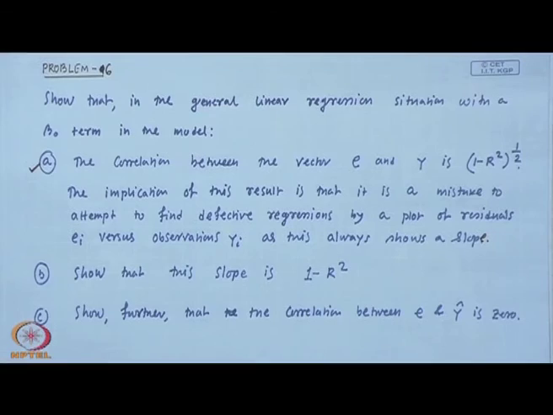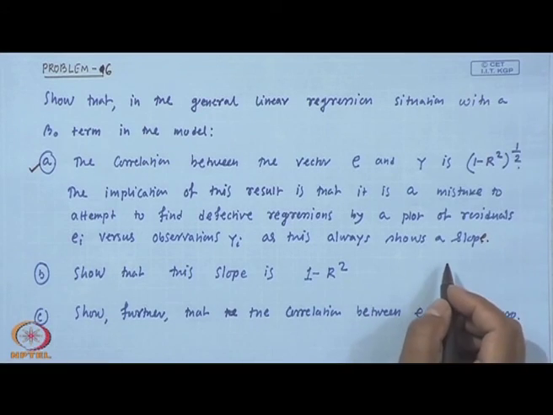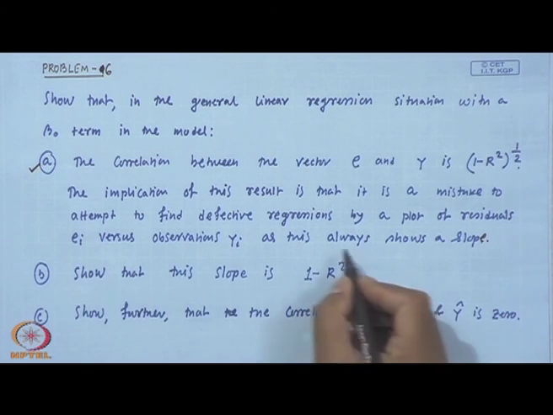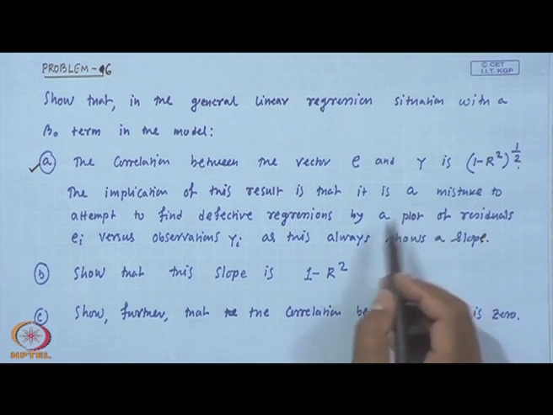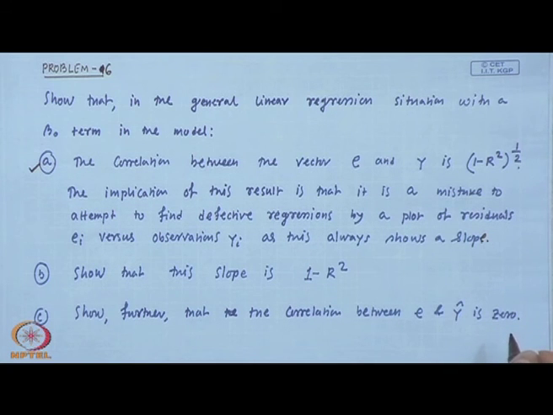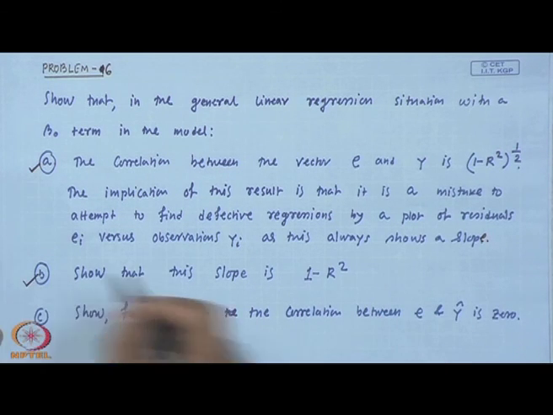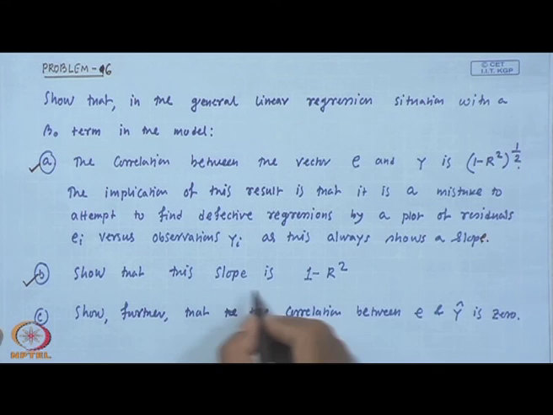That is why we do not plot E I against y I, because there is always a theoretical slope between them, because of this correlation.